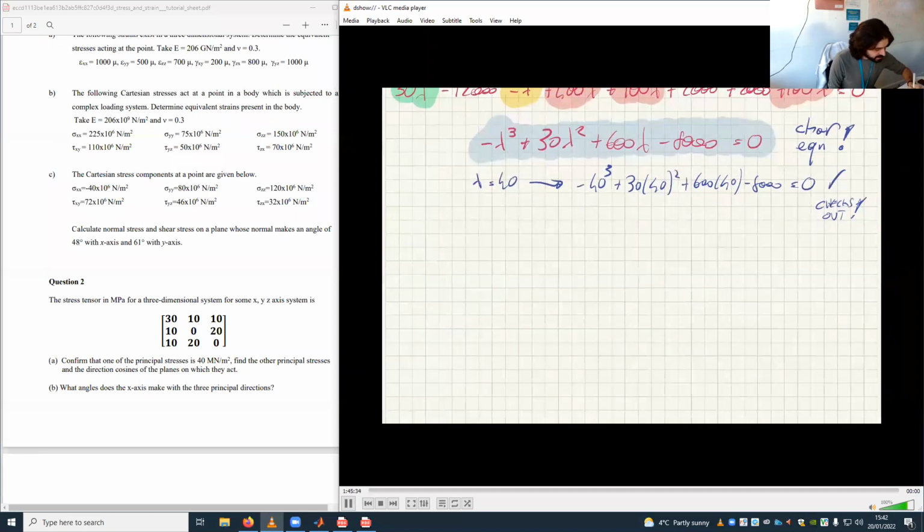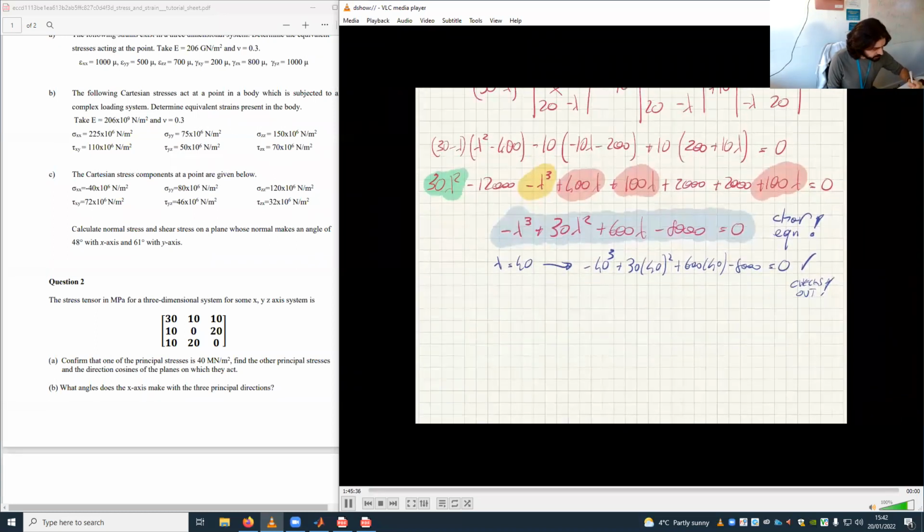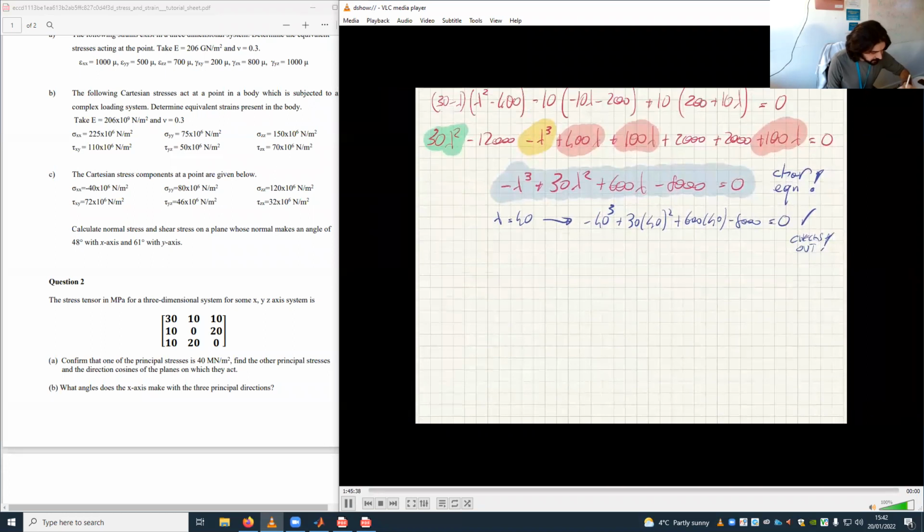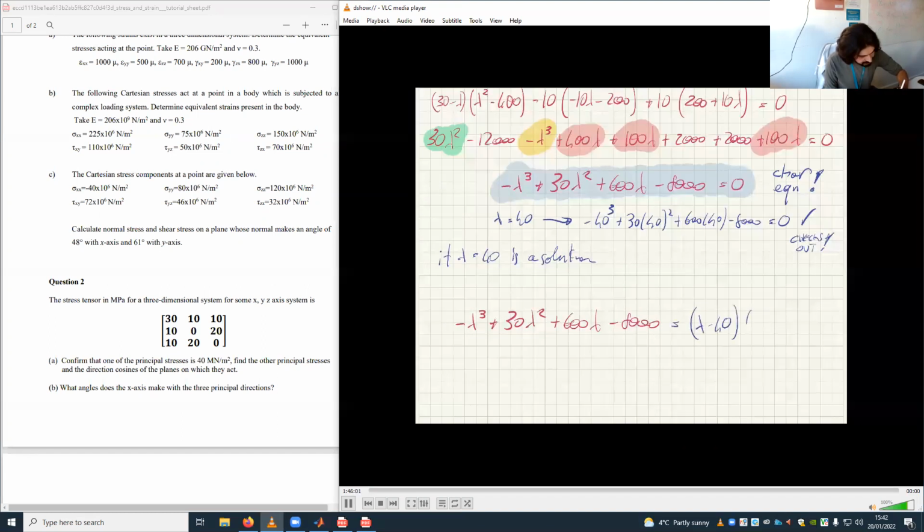So what I'm saying is that if lambda equals 40 is a solution, I can rewrite this thing as lambda minus 40 times something.